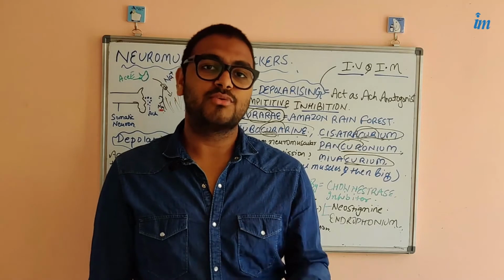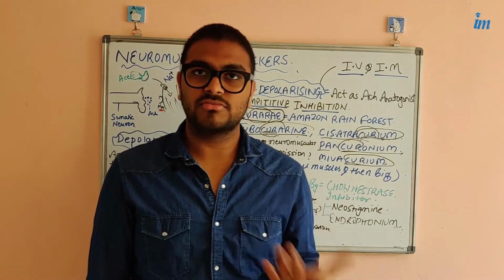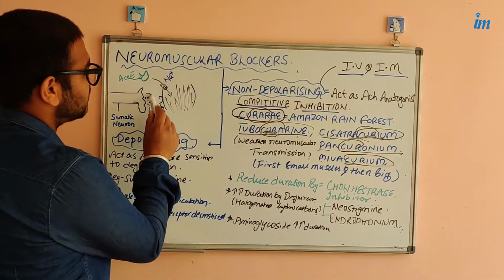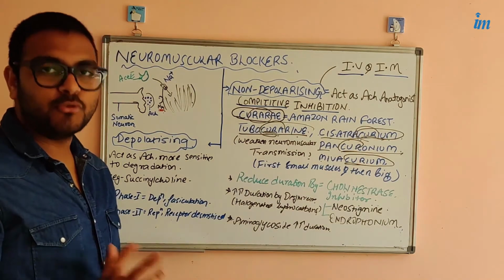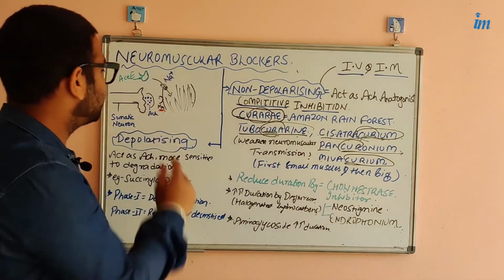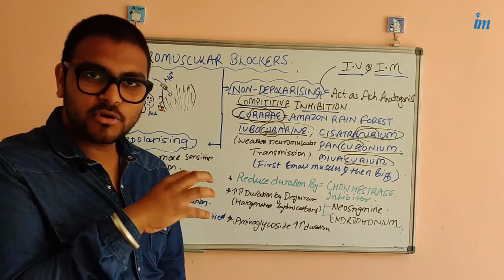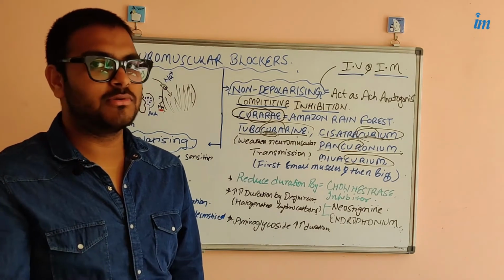So how can you reverse the action of these neuromuscular blocking agents? If you somehow increase the concentration of acetylcholine in the synaptic cleft, it will exceed the amount of the neuromuscular blocking agent, and the acetylcholine will bind with the receptor and the muscle will recover.